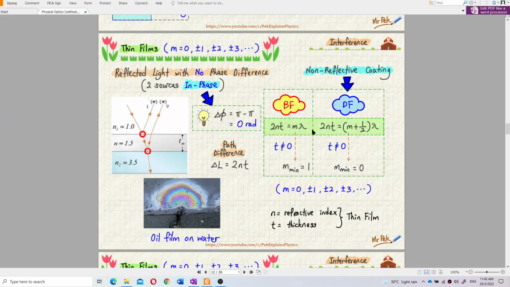That is for bright fringe, where m lambda needs to start from 1. But for dark fringe, because there is half lambda, the order can go to 0, because the thickness is still not 0, since even when the order is 0 it still has half lambda. Understand? Okay.